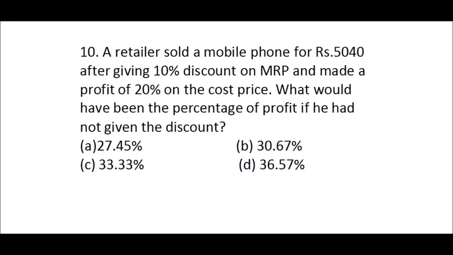The next question is: a retailer sold a mobile phone for rupees 5040 after giving 10% discount on MRP, and made a profit of 20% on the cost price. What would have been the percentage of profit if he had not given the discount? Now the first thing is that the selling price is 5040, which is 90% of MRP.